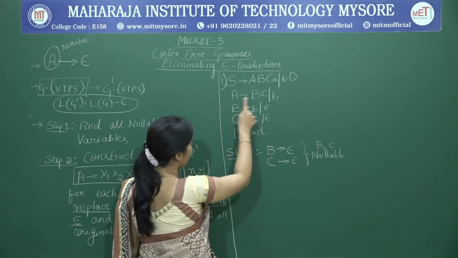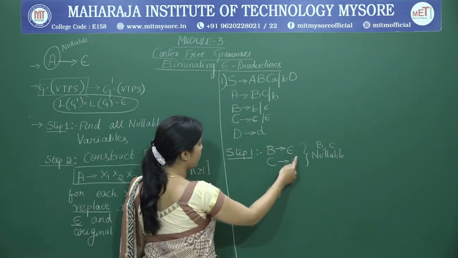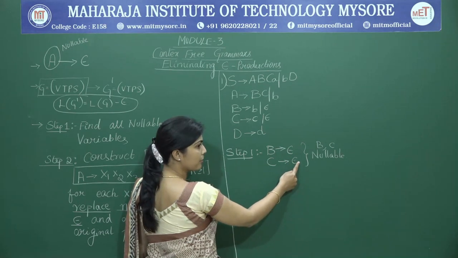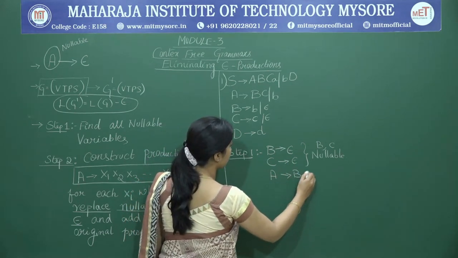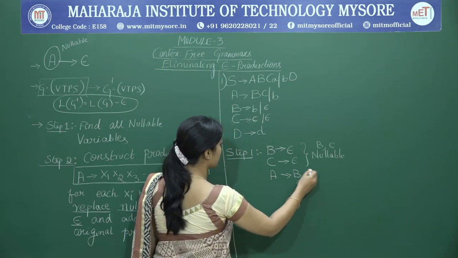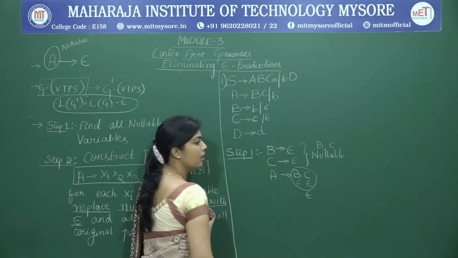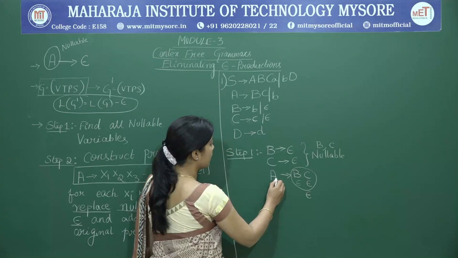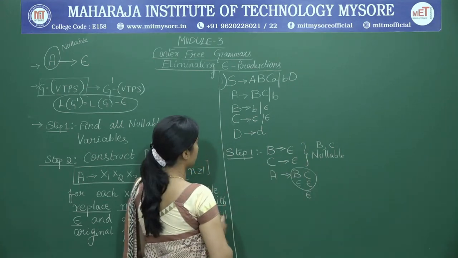Next is A goes to BC. We know that B and C both can be substituted with epsilon. So, if I choose A goes to BC, B can be substituted with epsilon and C can also be substituted with epsilon. Therefore, this entire thing can become epsilon, so A is also treated as a nullable variable.